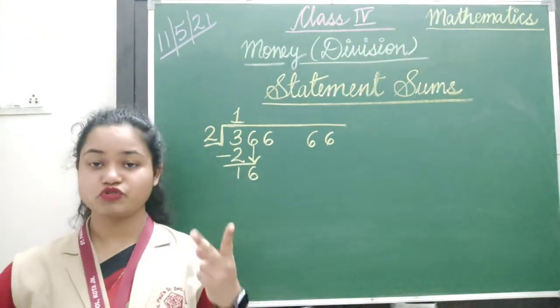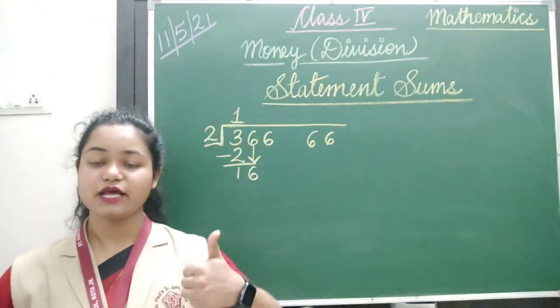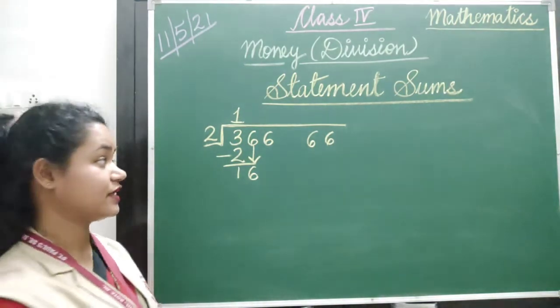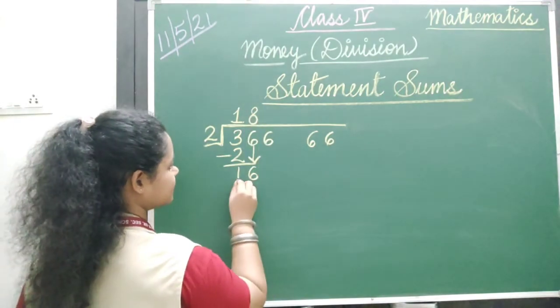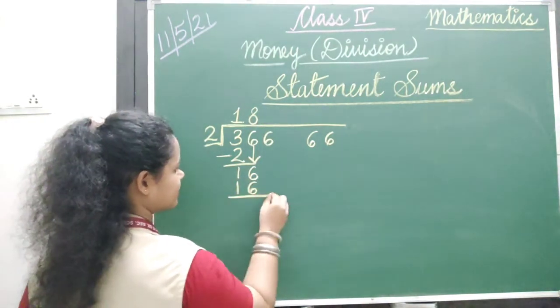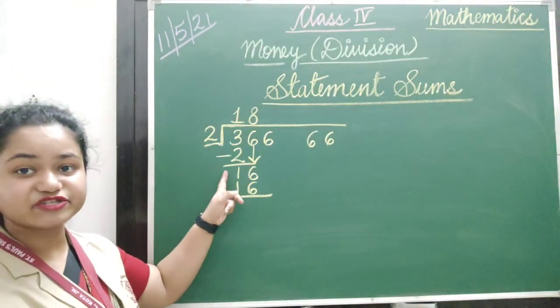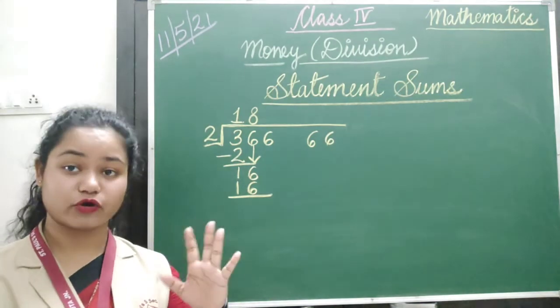2 ones are 2, 2 twos are 4, 2 threes are 6, 2 fours are 8, 2 fives are 10, 2 sixes are 12, 2 sevens are 14, 2 eights are 16. Yes. So 2 eights are 16. The digits should be just below each other. Okay. You are not going to write the digits as you want.